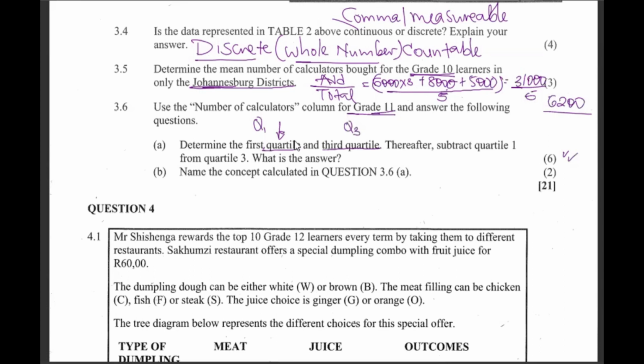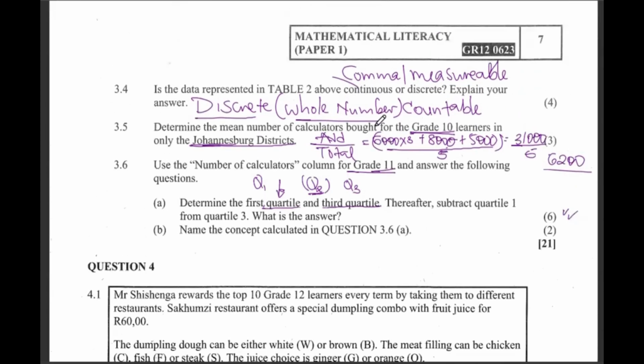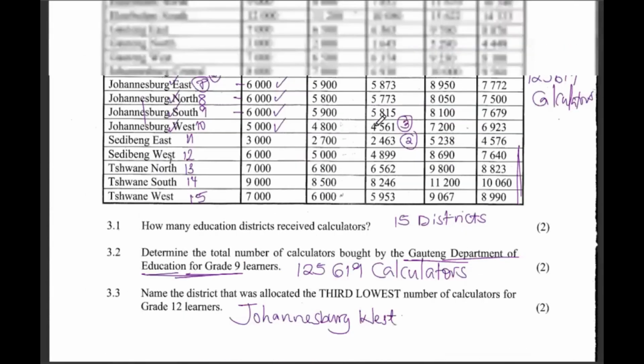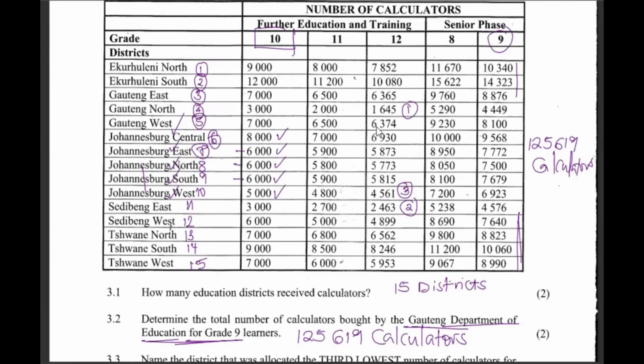But before we define this, we need to look for the median itself, which is Q2. And before we look for Q2, we need to arrange. You see why it's 6 marks. Anyway, I'll teach you how to arrange on the table. We are looking at the column for grade 11, and we are determining Q1 and Q3. Afterwards, we subtract each other.